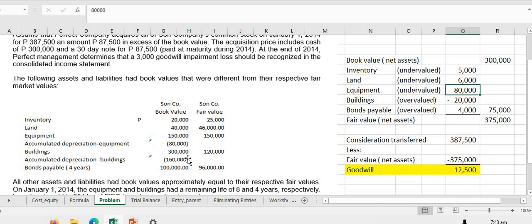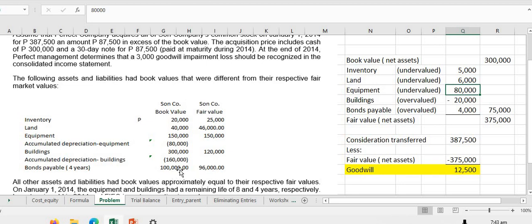Our building, its book value is 140,000. Its cost is 300 and its accumulated depreciation is 160, so its book value is 140, but its fair value is 120, so it is overvalued by 20,000. Then our bonds payable was actually overvalued by 4,000.